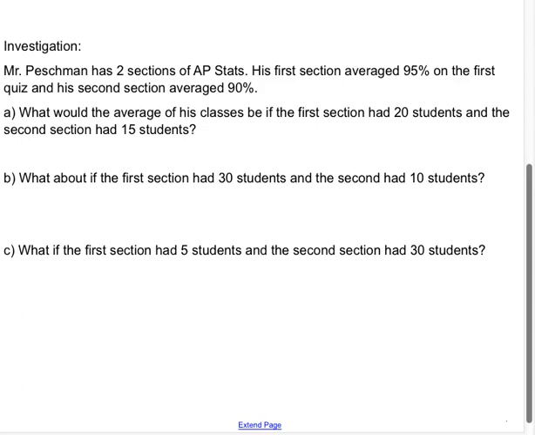So let's take a look at weighting those averages. In my first class, I have 15 kids who scored 95, and I have 20 kids who scored 90. Then all together, I had 35 kids. So I'm going to type that in the calculator.